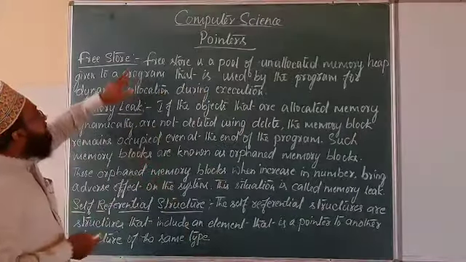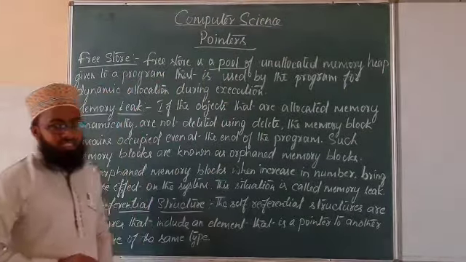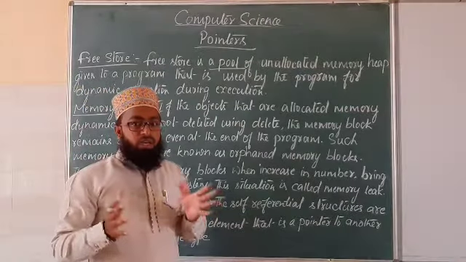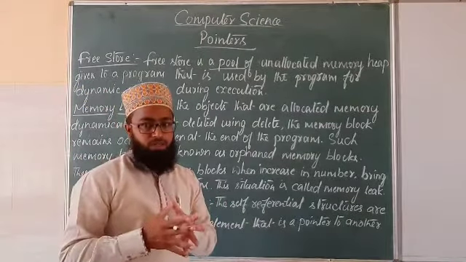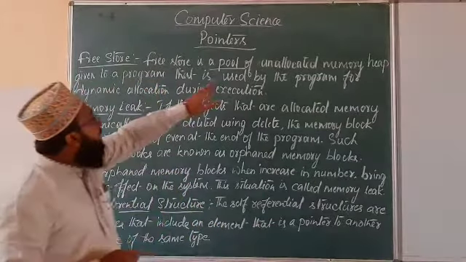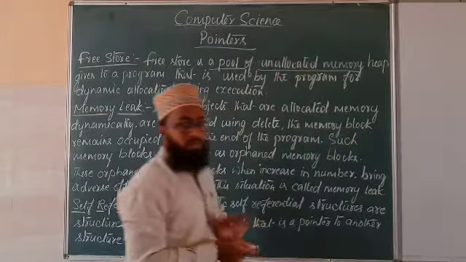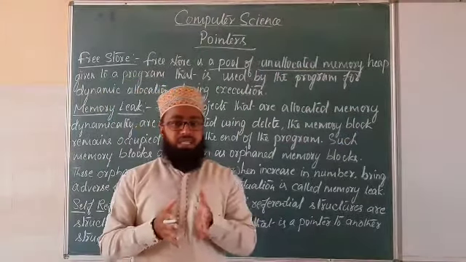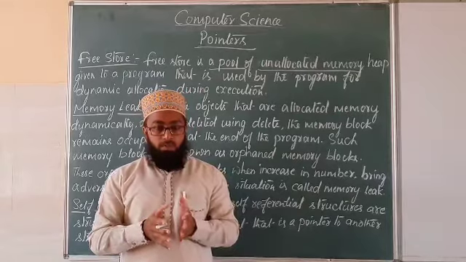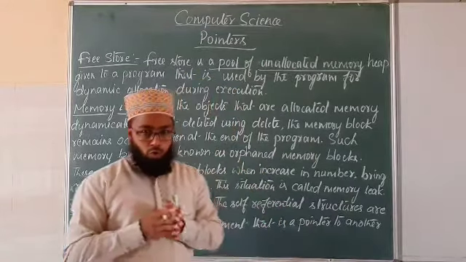Look here, free store is a pool. Pool means it is a container where memory is kept. Free store is a container of unallocated memory. Free memory is present in that pool, and that pool is called the free store.